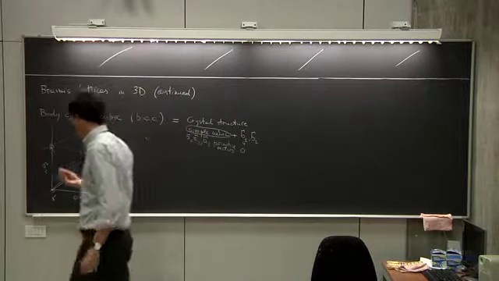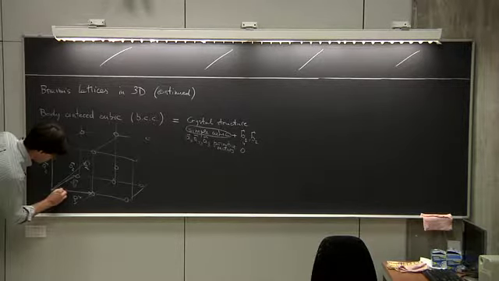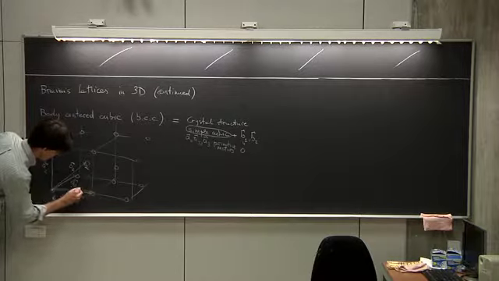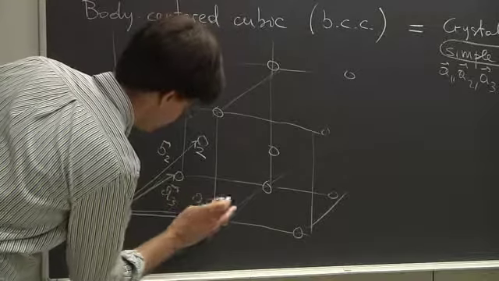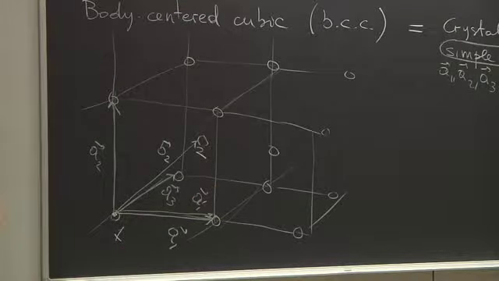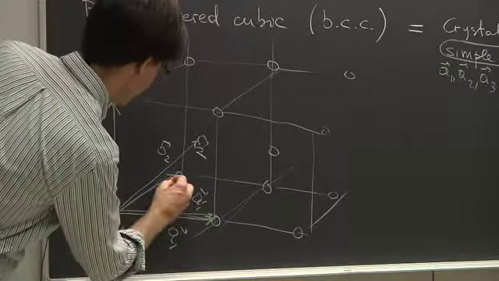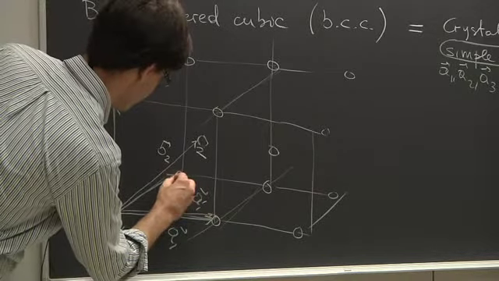So I'm now going to use the pink color to show you what the primitive vectors are. The first one is the same. Let me put a prime to identify the new primitive vectors. A3, I leave it the same.